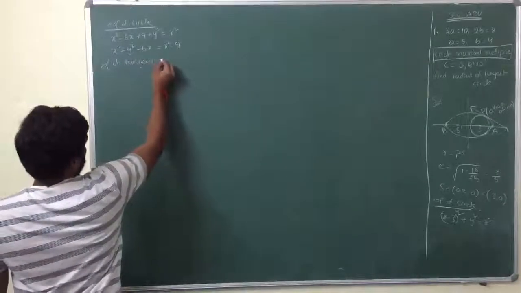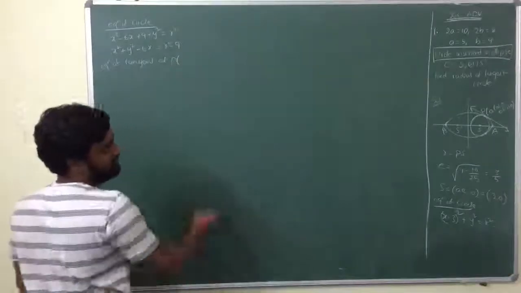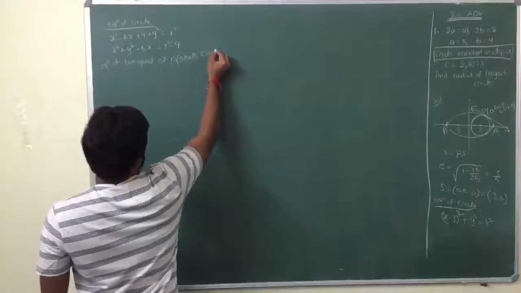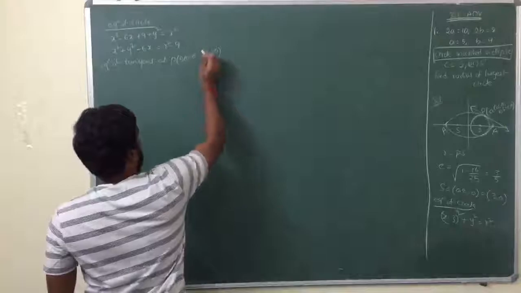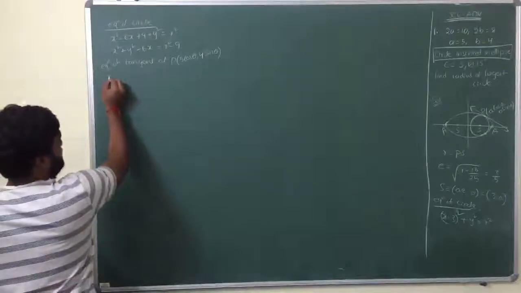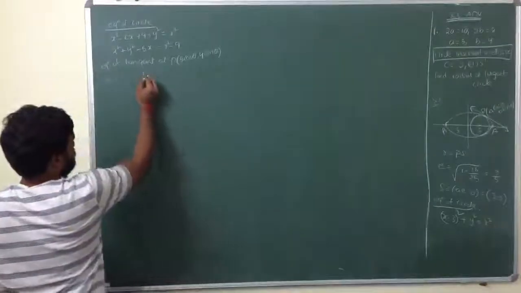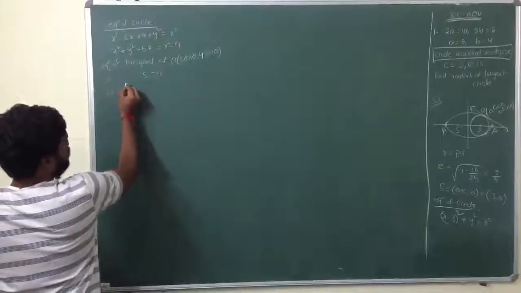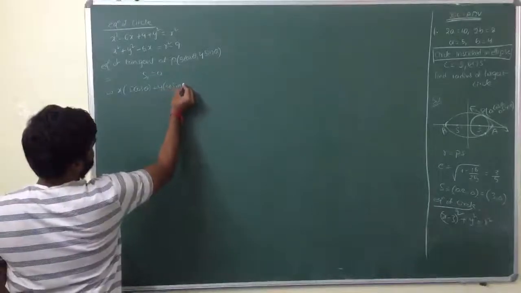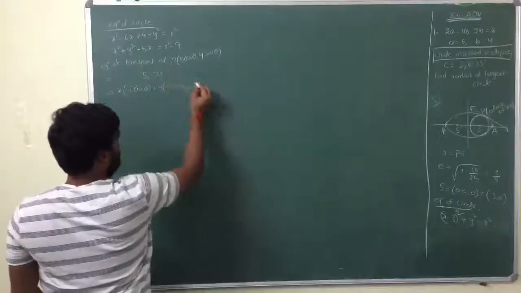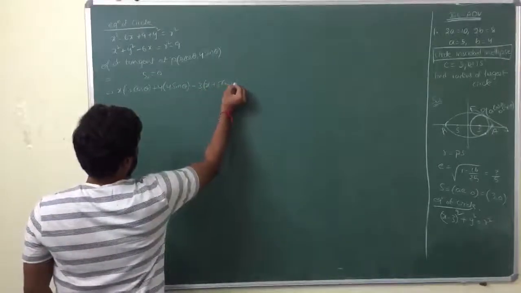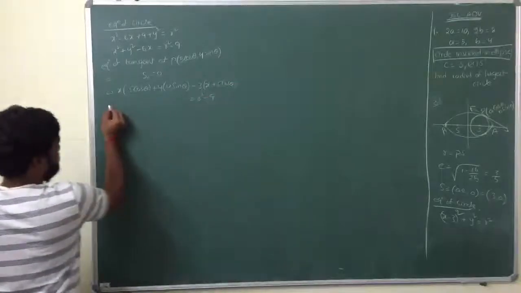Equation of tangent at P, 5 cos theta, comma 4 sin theta. Okay. So x1 s1 is equal to 0. So x into 5 cos theta plus y into 4 sin theta minus 3 into (x plus 5 cos theta) is equal to r square minus 9.